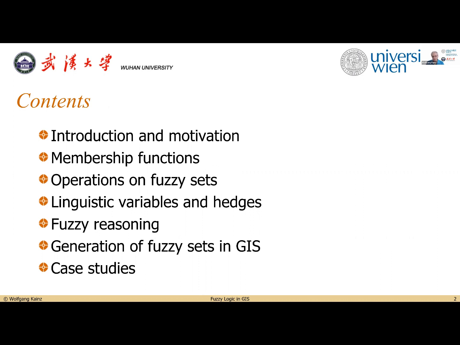Then later we will discuss topics of membership functions, what operations on fuzzy sets are possible. We will discuss what's called linguistic variables and hedges.